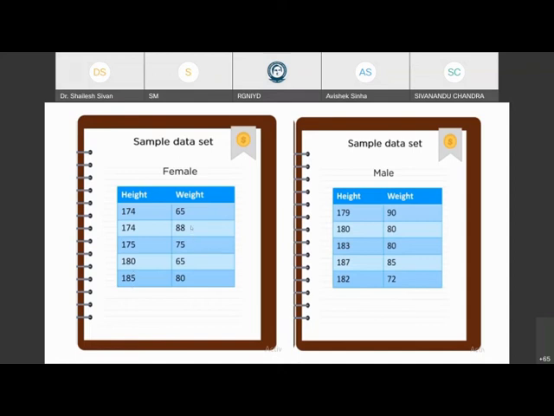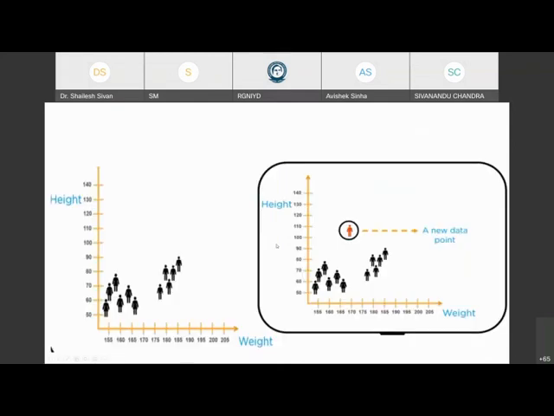The minimum weight is 65 and the maximum is 88 here, but in this case the minimum weight is 72 and the maximum weight is 90. On taking this data on the x-axis and y-axis, the male students will be clustered over here, and the female students will be clustered over here.